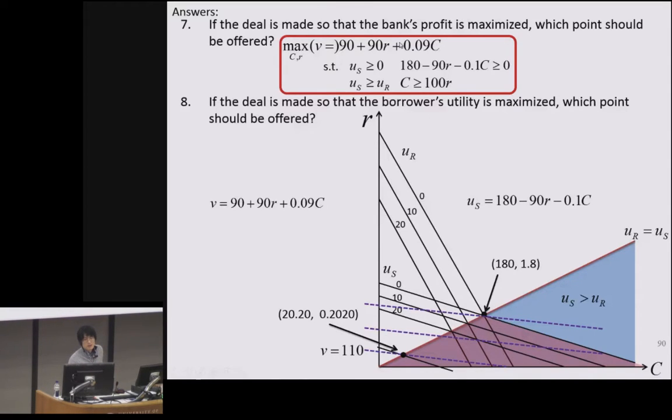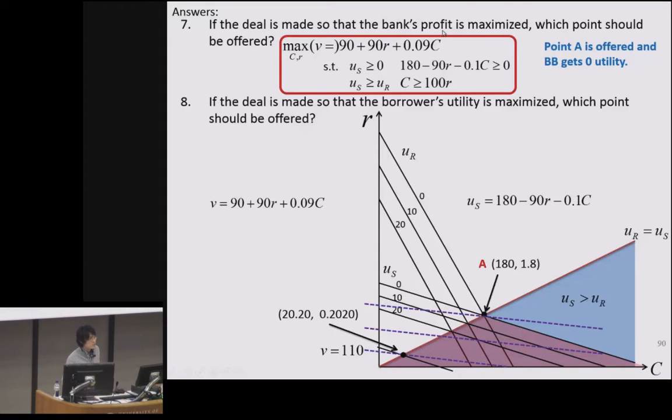The objective function is represented by these indifference lines, these dashed purple lines, which take a higher value if it is away from the origin. So you can see that the highest value for the bank can be achieved at this kink. So yes, that's the solution to this problem.